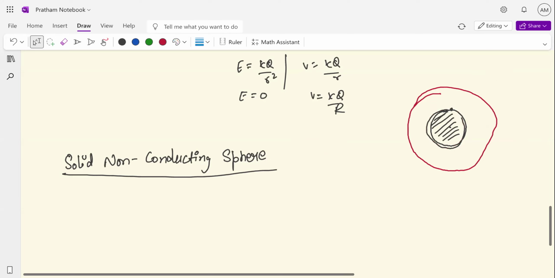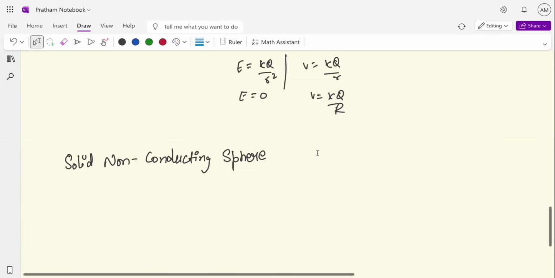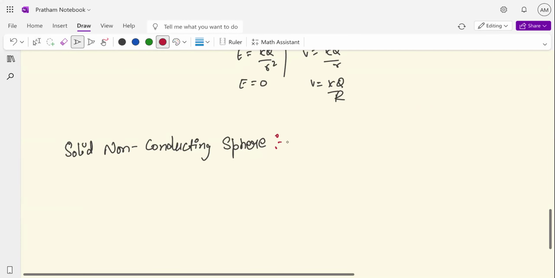So let's remove this and let's solve this problem. We have made our task easy by doing one thing.